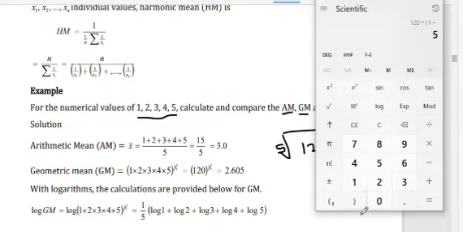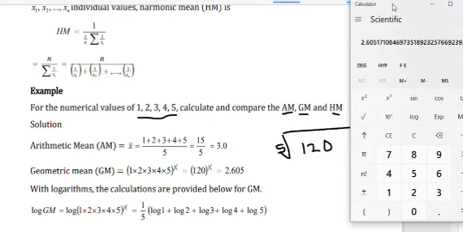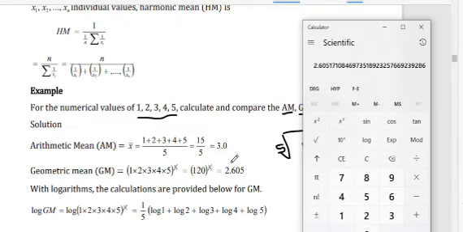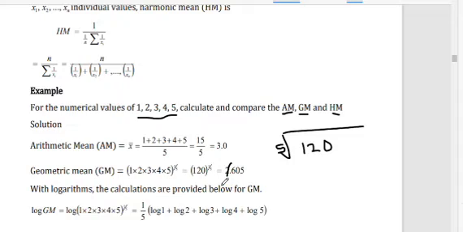That's what it means. So that will give us 2.605, which is correct. Maybe because the other data was too long, that's why I could not get the correct answer.